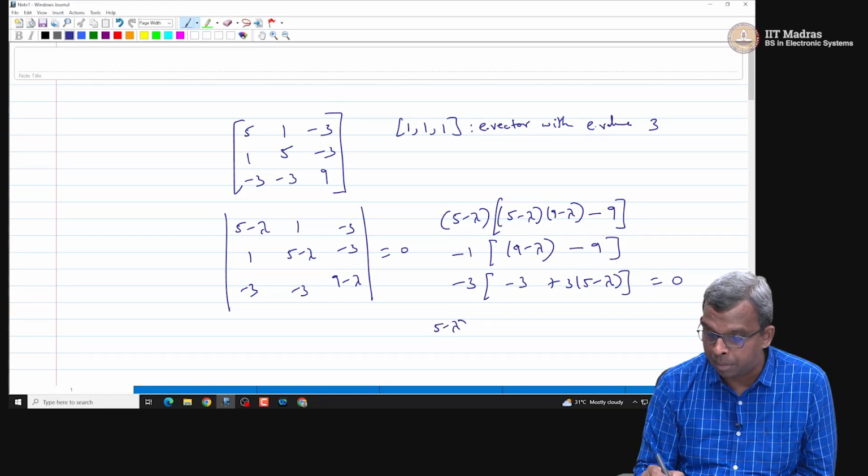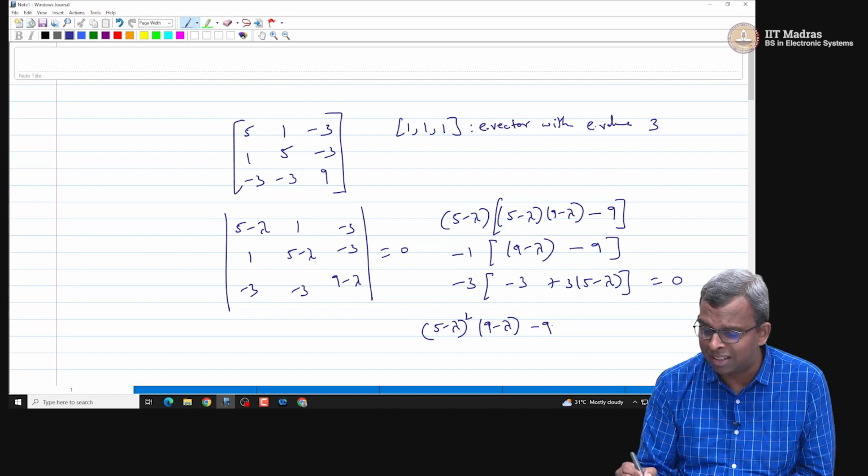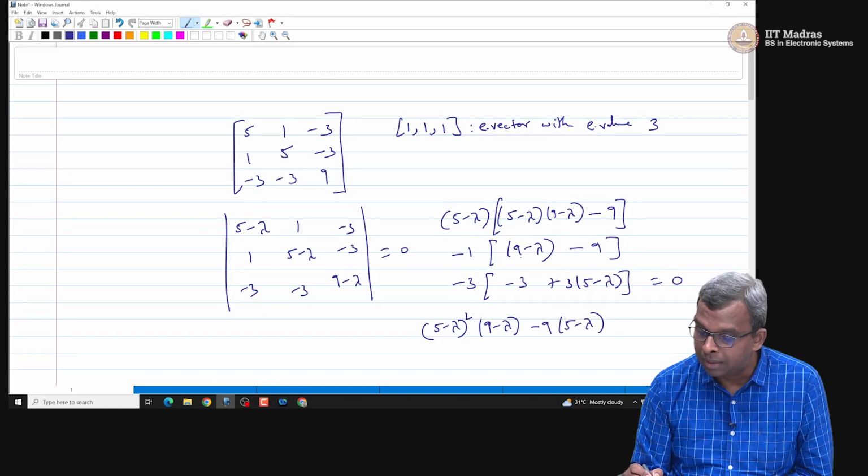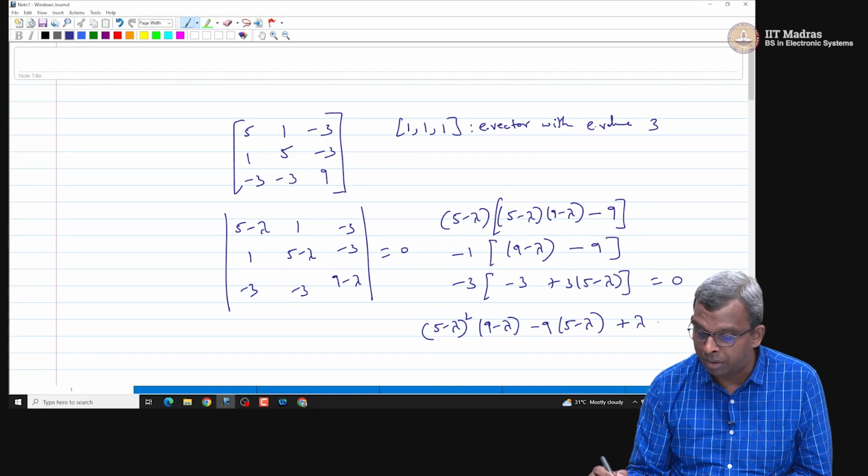So you have 5 minus lambda whole squared times 9 minus lambda. Maybe we'll get lucky and we'll get a nice simplification. I don't know, can't be so sure. This is 9 minus lambda minus 9, so 9 and 9 is going to cancel, and you'll get just a plus lambda. Okay, this guy is not going to be so nice. So anyway, there is a plus 9, right?